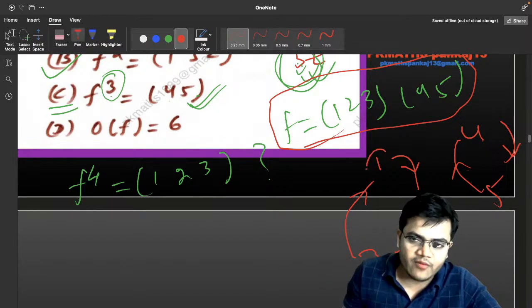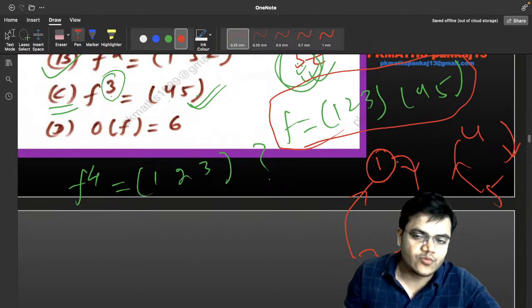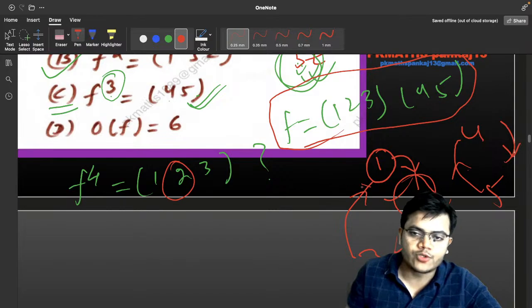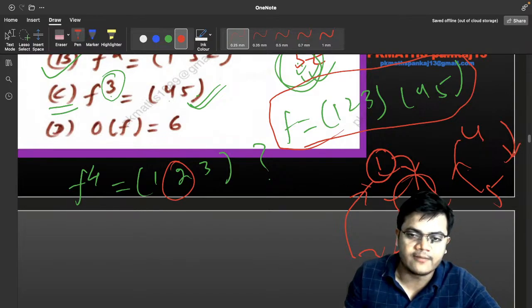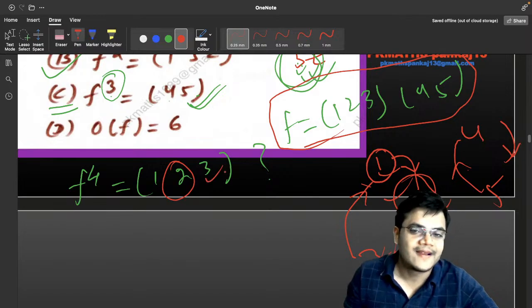From 1, you skip 3 elements, 1 2 3, so you come to 2, and from 2 you skip 3 elements, 3 1 and 2, so once again you come to 3.